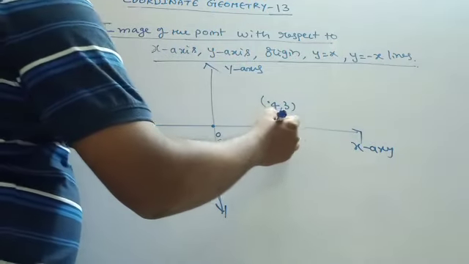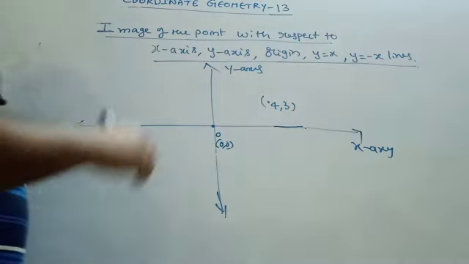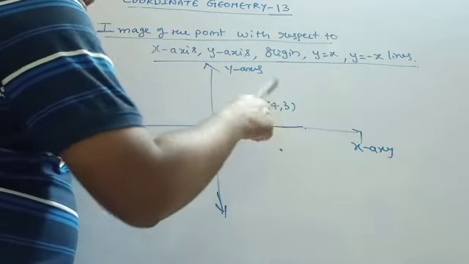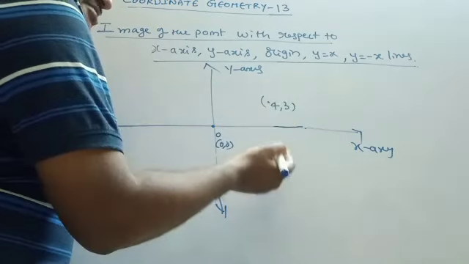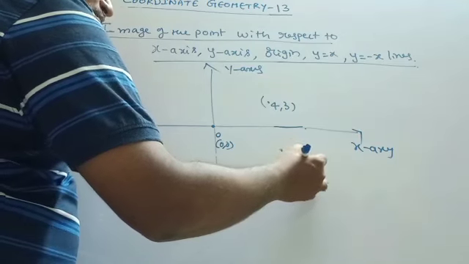If the x-axis is acting as a mirror, then what will be its image? If the x-axis is acting as a mirror, its image will fall in the fourth quadrant. Therefore, the point is nothing but 4 comma minus 3.